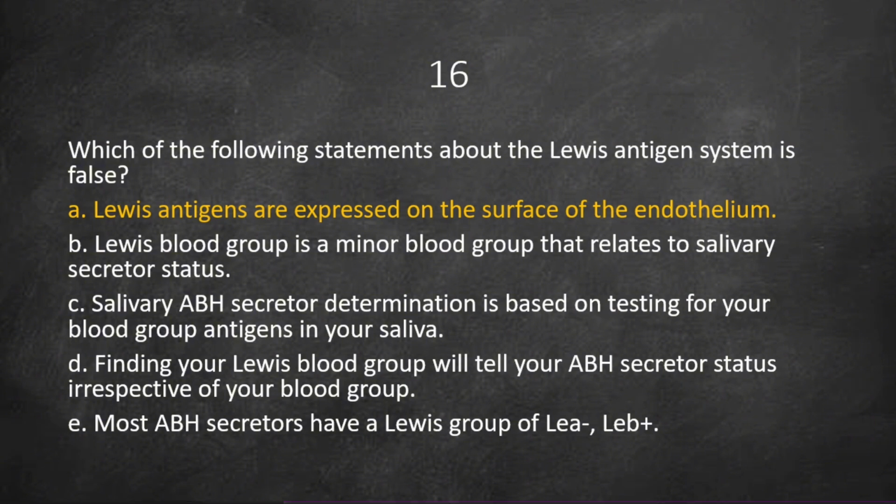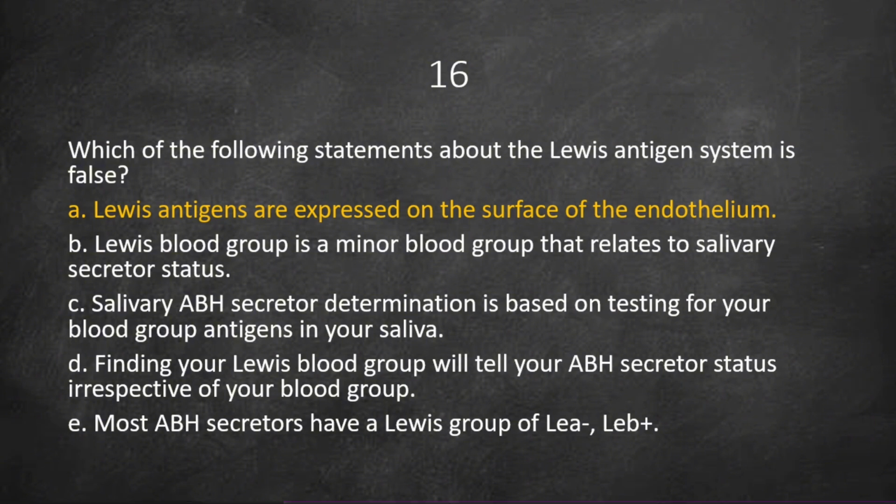Okay, then if you look at option D, it says that finding your Lewis blood group will tell your ABH secretor status irrespective of your blood group. This one too is true. The Lewis blood group status can provide information about your secretor status because it's closely related to the presence or the absence of ABH antigen in secretions.